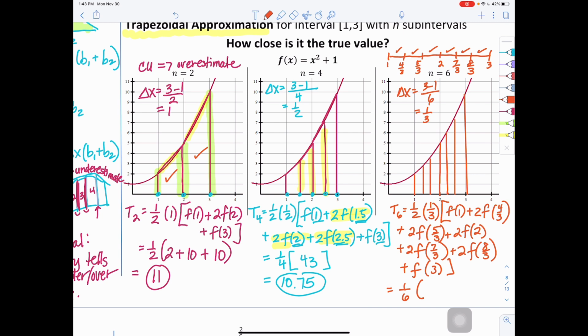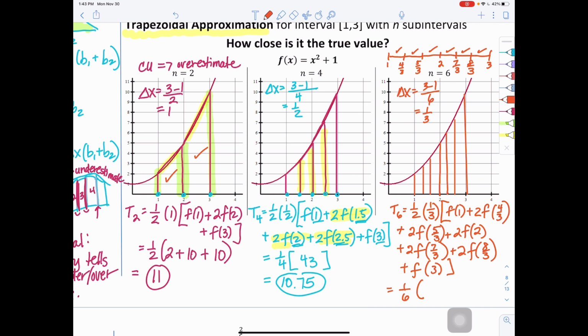We're going to put in 5/3 twice, and then 2 twice, 7/3 twice, 8/3 twice, and then 3 just one time, okay? And then you're going to program that L2 column to find Y1 of the L1s.